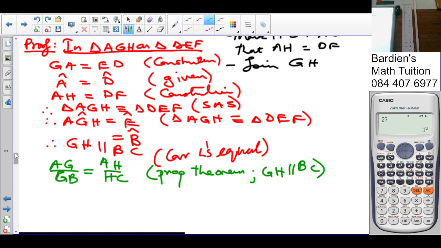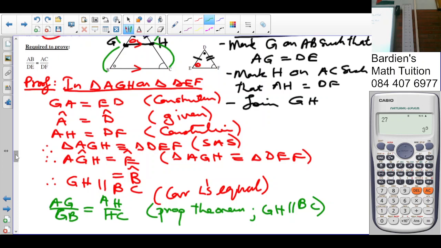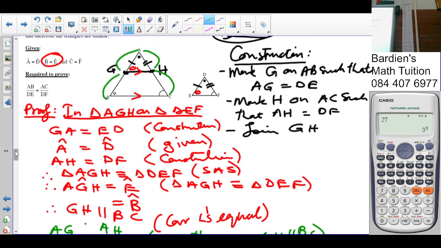So we're using the proportionality theorem. But if you look at what needed to be proven, it was AB over DE, which is the one on top. So that is actually the other variation.